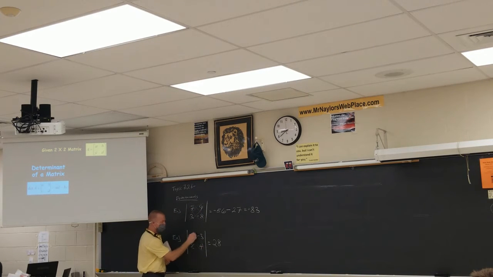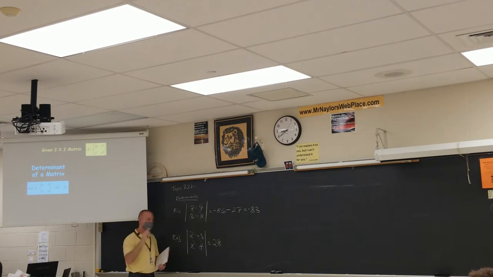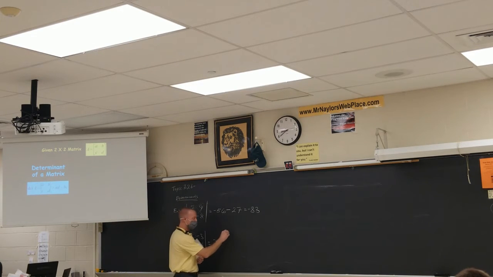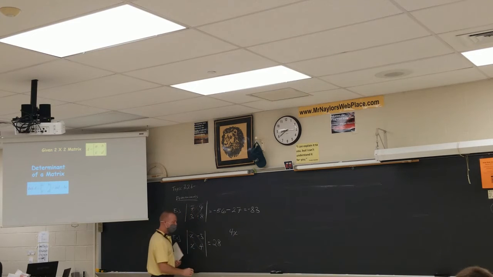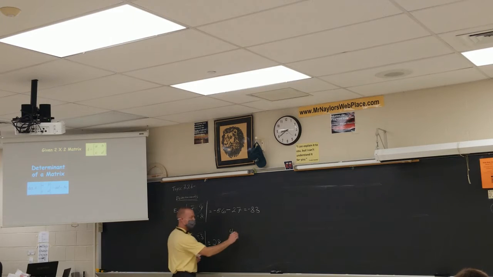Now, the hope is that anytime you see a variable, you do the same thing. So follow the little formula. You multiply. So how are you doing multiplying x times 4? It's just 4x. Okay, we're going to multiply the other diagonal. Again, how's that going? Negative 3 times x.